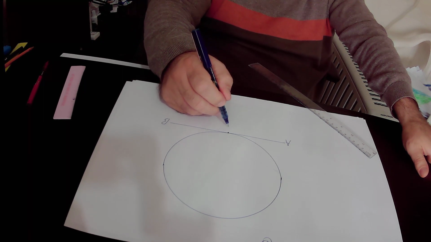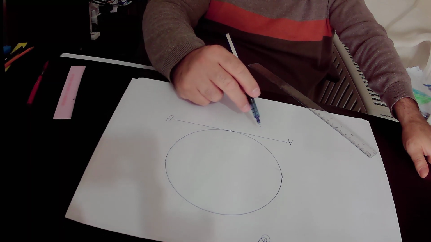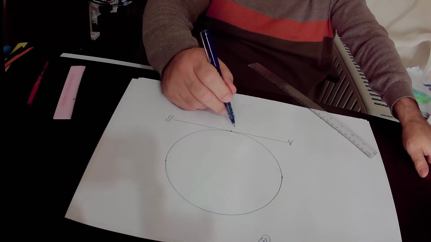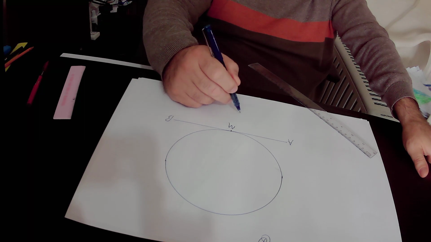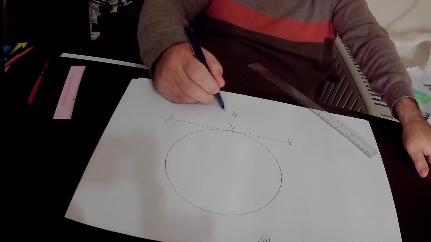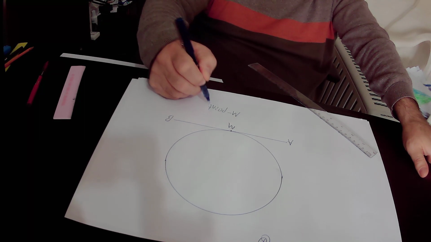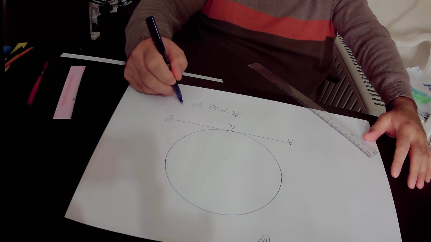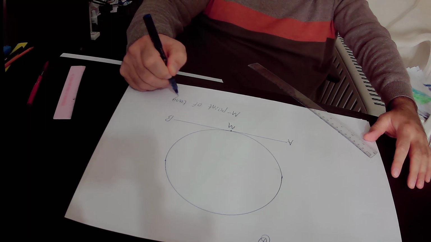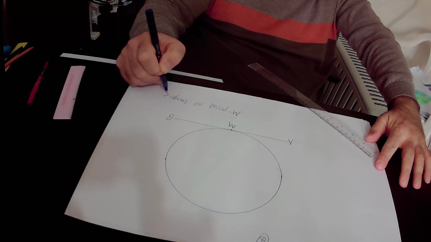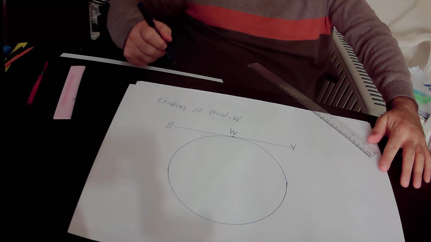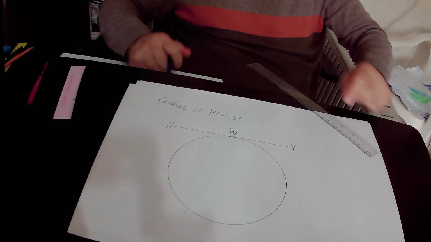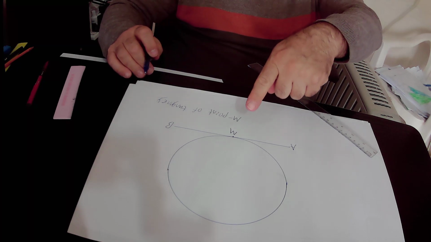We will define the touching point between tangent AB and the circle as point M. Actually, point M is the point of tangency of tangent AB with this circle.